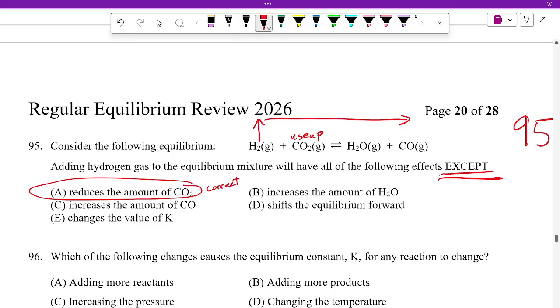Does it increase the amount of CO? Well, we're making it, so yes, it increases the amount of CO, so that's correct. Does it change the value of K? Well, we haven't changed the temperature, so no. So this is false. Only temperature changes K.